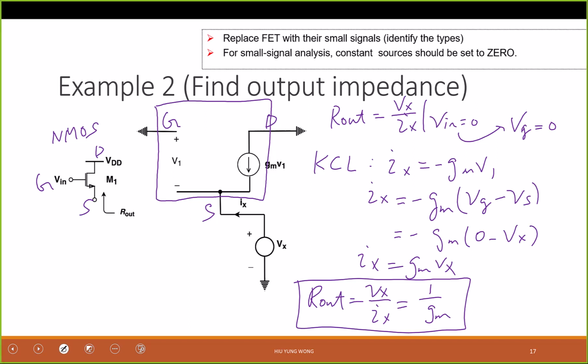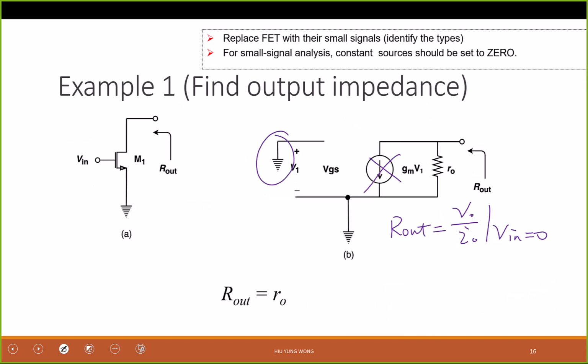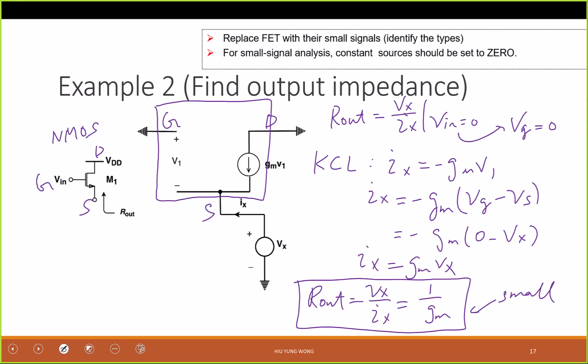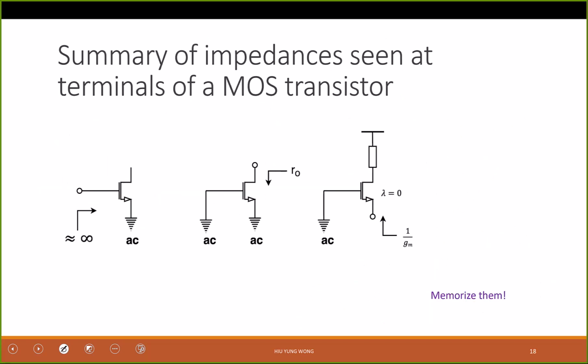But anyway, the point is this. This is usually small, the gm. 1 over gm is small. And I forgot to say that this is usually large, R out. So we actually have spent time to understand a single transistor. When I look into the gate, the impedance is infinity, really large, because it's the gate for DC.